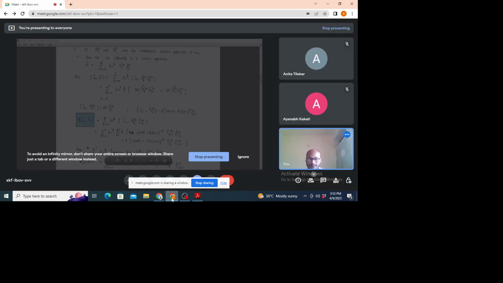Now let us try to calculate this commutator, the commutator of L plus and omega. Again, we will bring the summation sign outside the commutator, and then again we will use the commutation relation for composite operators, and we will use this definition for L plus.